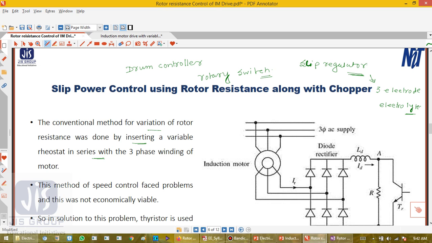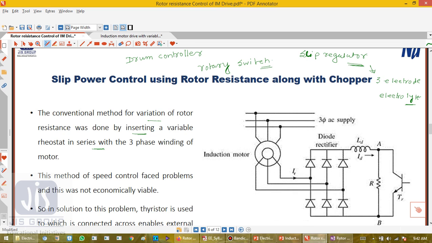So this method of speed control faced problems, and this was not economically viable. Okay, and the advantage of this method is that resistance can be changed steplessly. So this is the advantage.